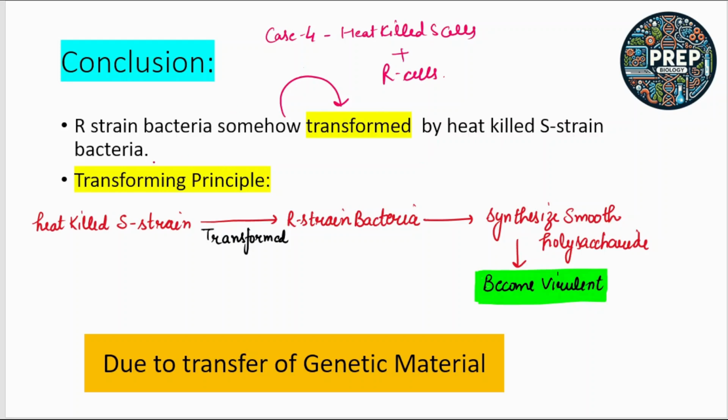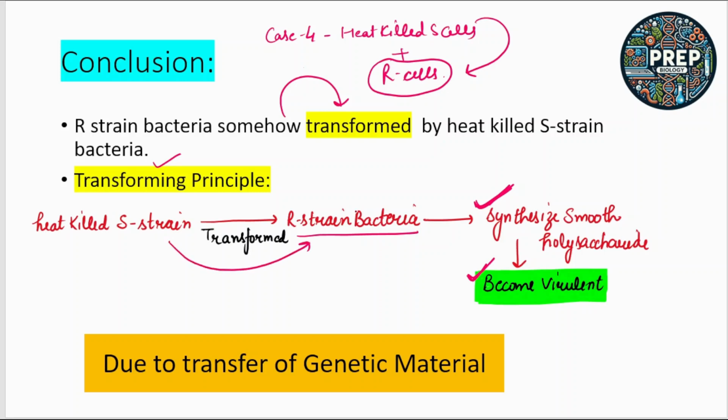So he discovered the transforming principle, which states that the R strain bacteria are transformed and become able to produce the smooth polysaccharide protective layer and become virulent. That's why in case 4, all mice died, because the transformation made the R strain virulent in nature.